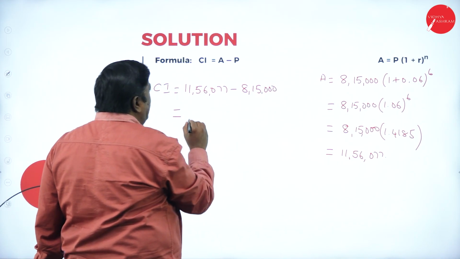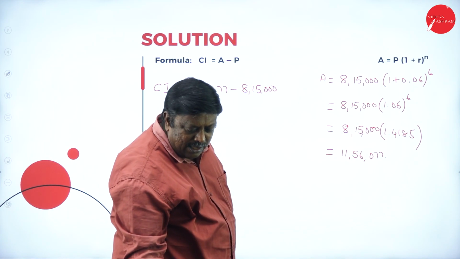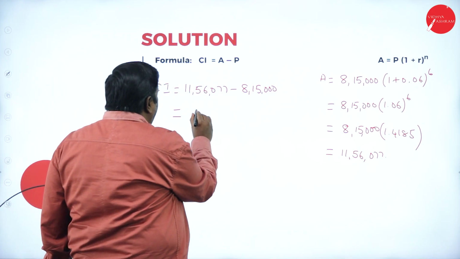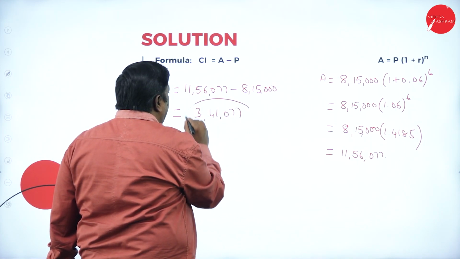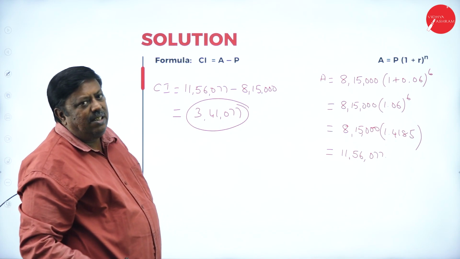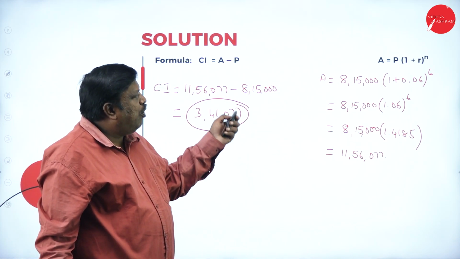So compound interest will be 3 lakh 41,077. This is my compound interest for 8 lakh 15,000 at 6% for 6 years.